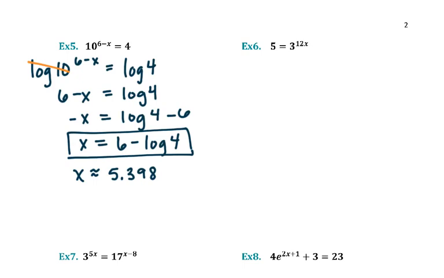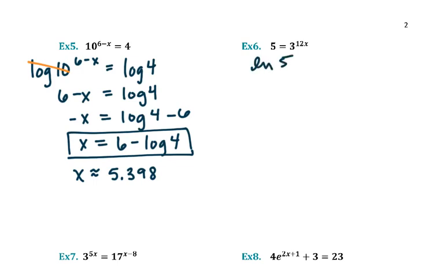Example 6, we'll do the same thing. And we have a choice to make: common log or natural log. When I look at example 6, which reads 5 equals 3 to the 12x power, I don't see an e or a 10. So I'm going to take the natural log of both sides.